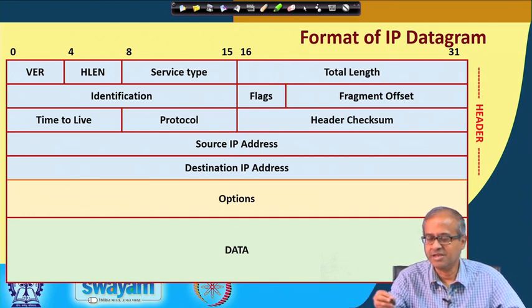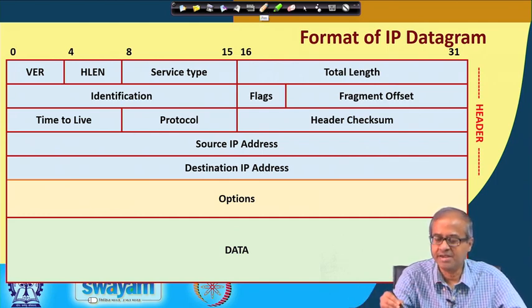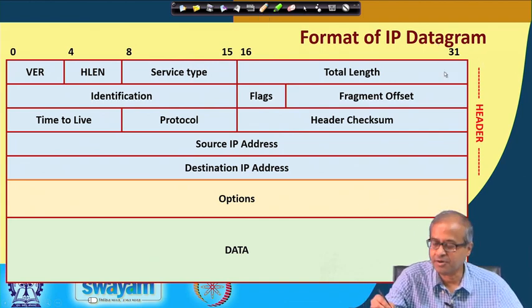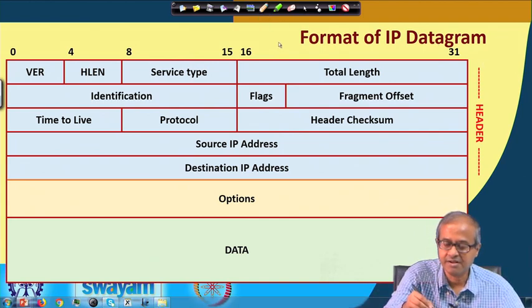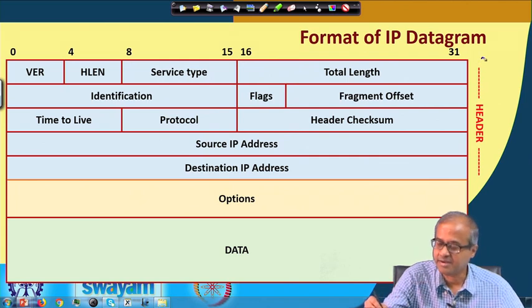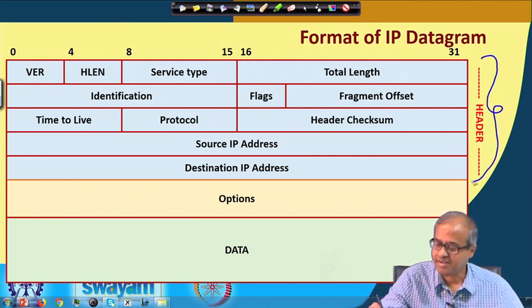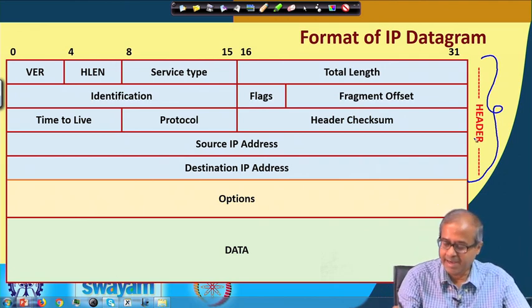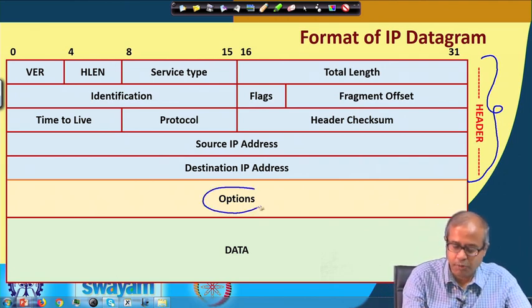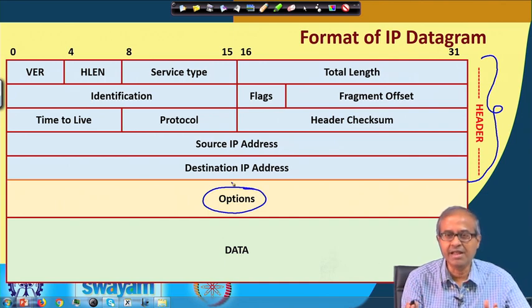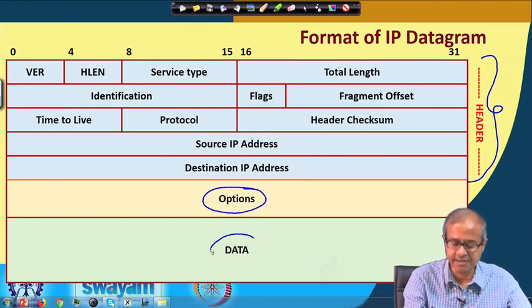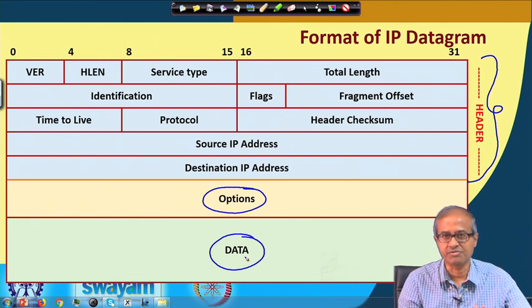So, this is the format of an IP datagram, where you can see the first part of it. These are the headers, and this part is an optional header. You can have some additional header in some cases, but the first part of it is mandatory, and after that the actual data that you want to send.